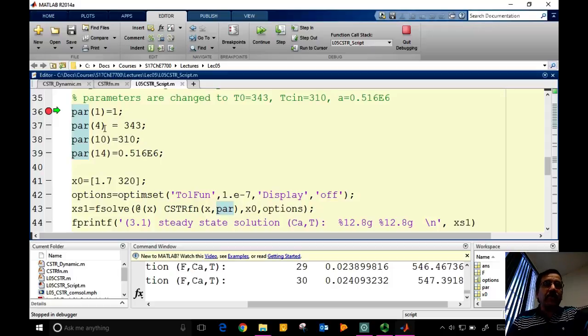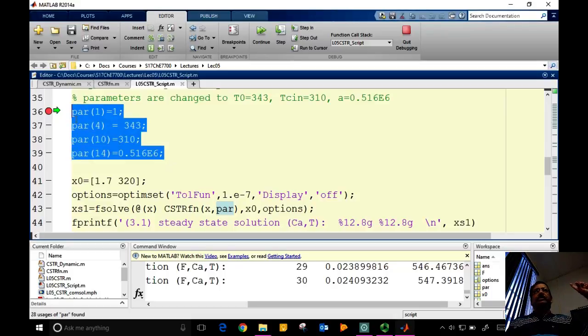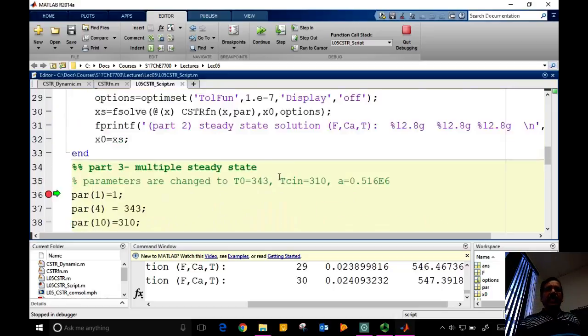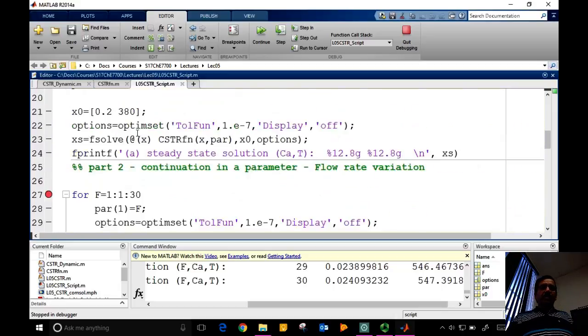So for these parameters, I can use the same setup. It is the same problem I'm going to solve using the same set of parameters, 3 times, but each time I'm going to give it a different guess. What would you expect? In the previous case, I had a guess of 0.2 and 380.